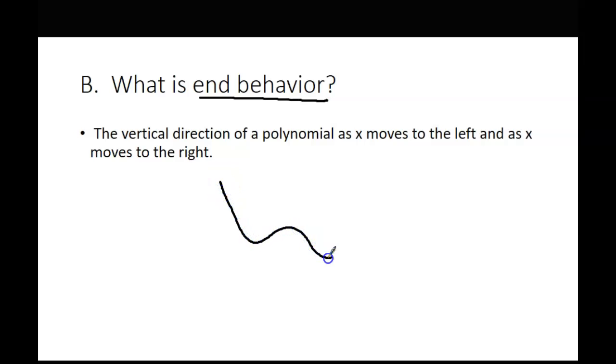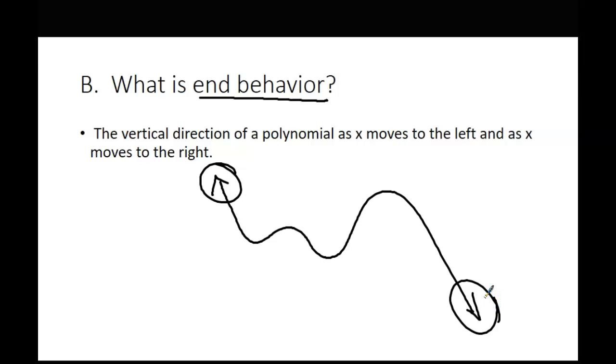I'm going to just draw a function here. Well, at the ends of this function I've got some arrows, right? What's happening at the ends of these functions? Well, on the left end, it's going up. And on the right end, it's going down. That's what we call end behavior. Okay?